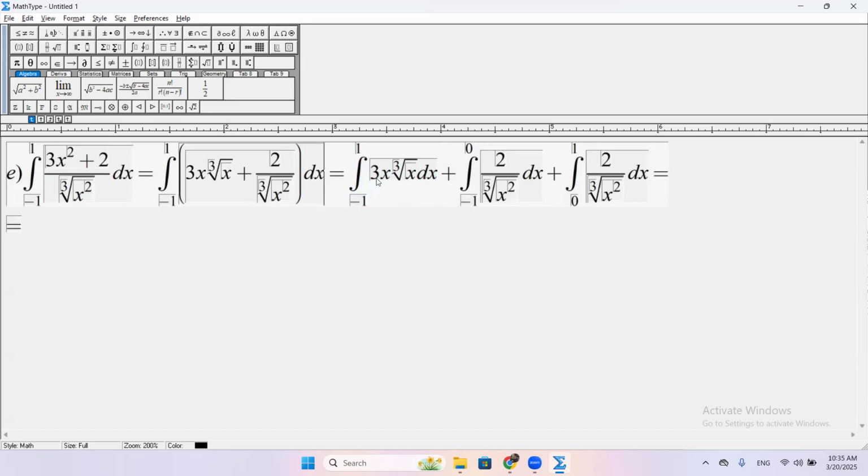So first of all, integrating this function: 3 by 2 over 5 x squared.